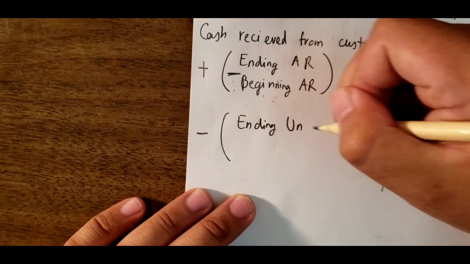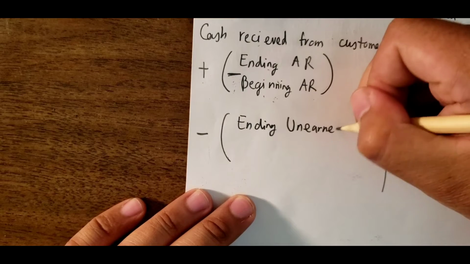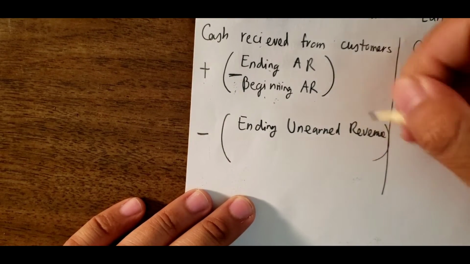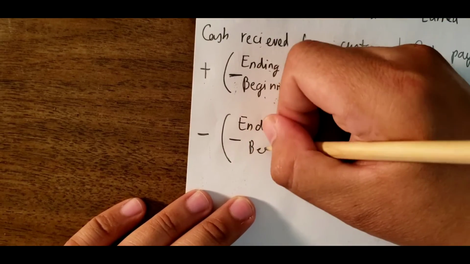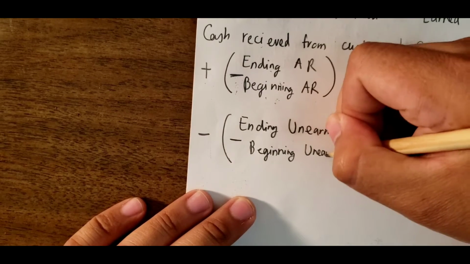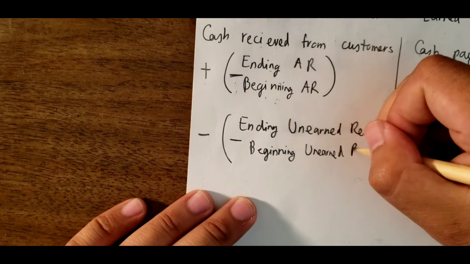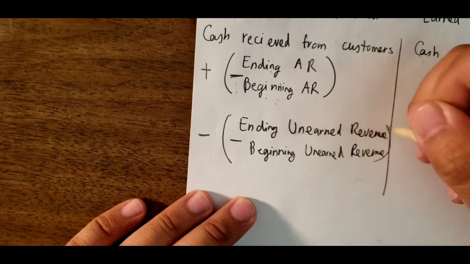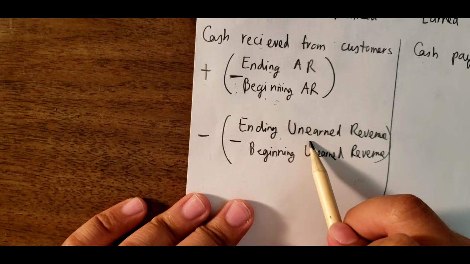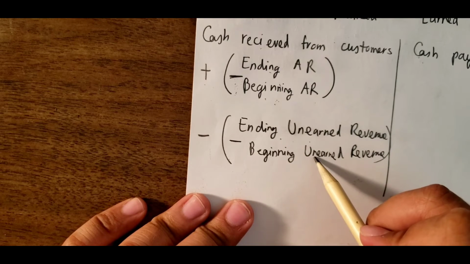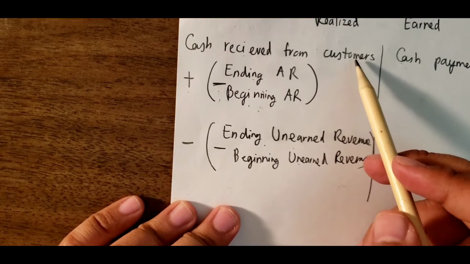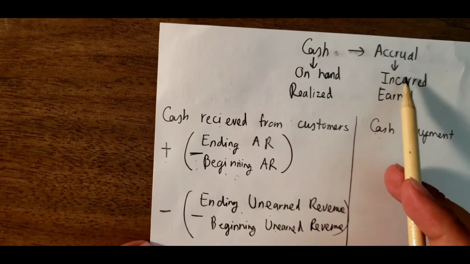ending unearned revenue minus beginning unearned revenue. We know that when we supply the service and we receive the money, the cash will reduce because that is not related to accrual in here.